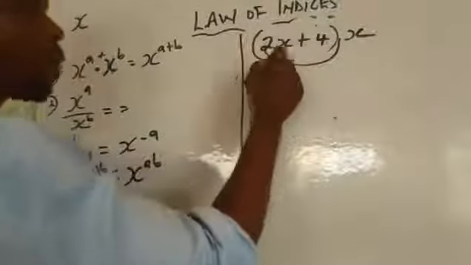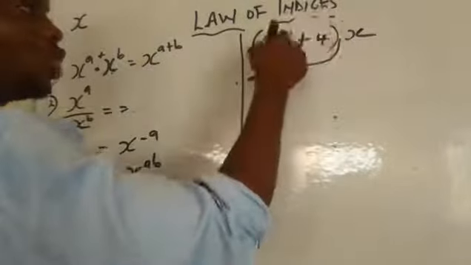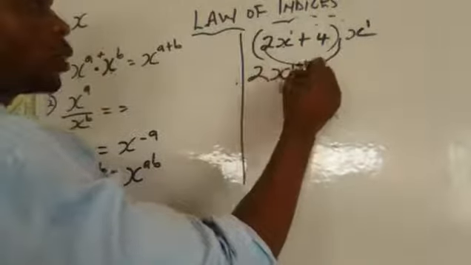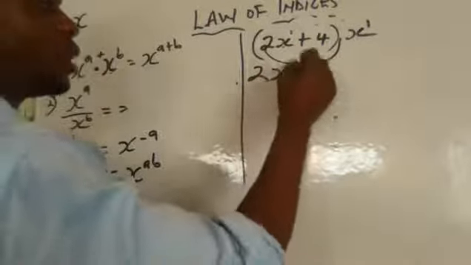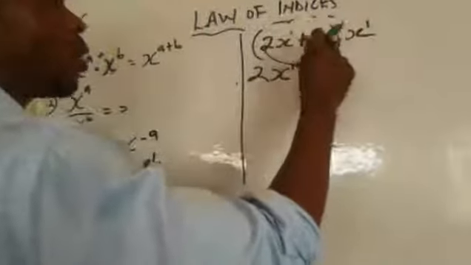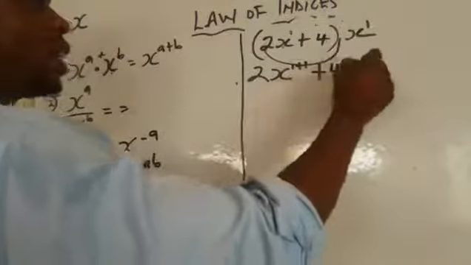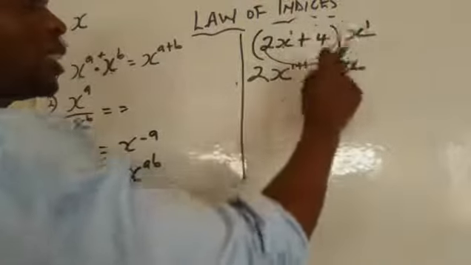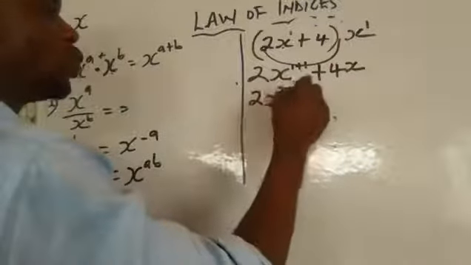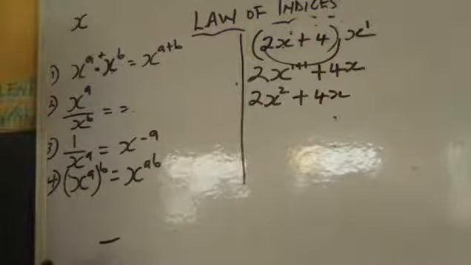Then for x and x, I pick one to represent it. The power here is an invisible 1, and the other is an invisible 1, so it will be 1 plus 1. For this one, it's just 4 times x, 4x, because there is no letter x here. So this will be 2x raised to the power 2 plus 4x. That's the final answer.